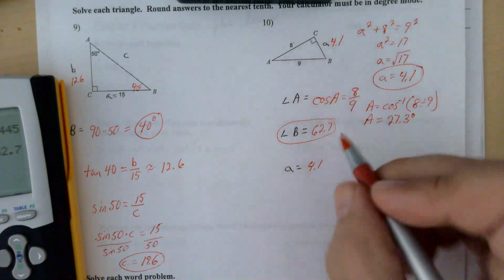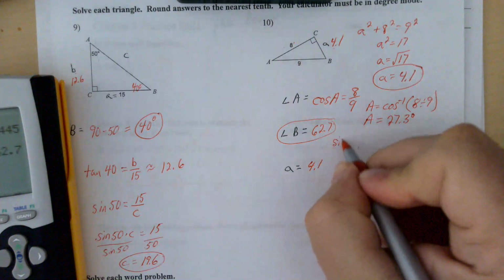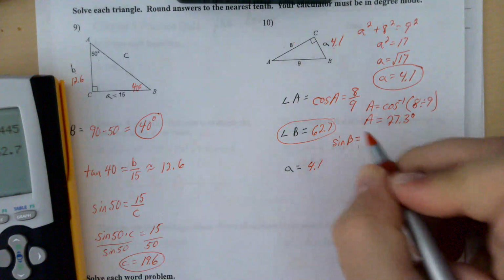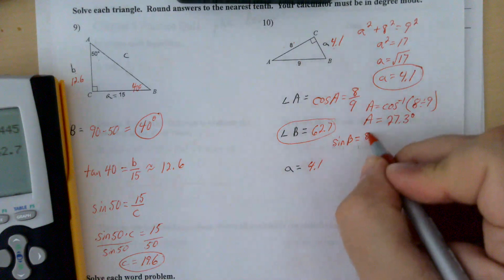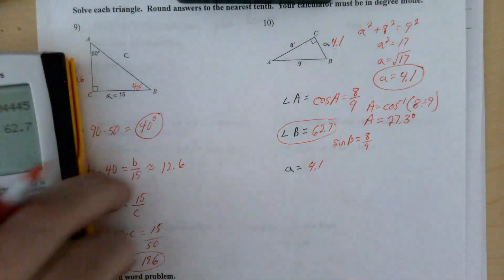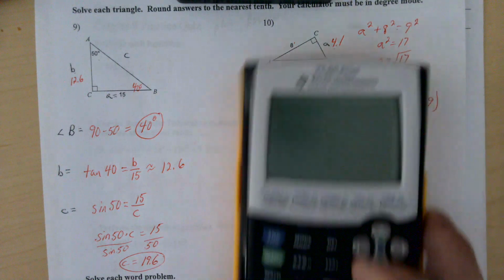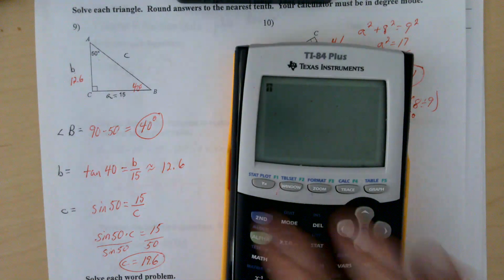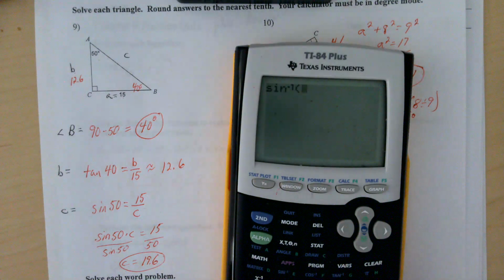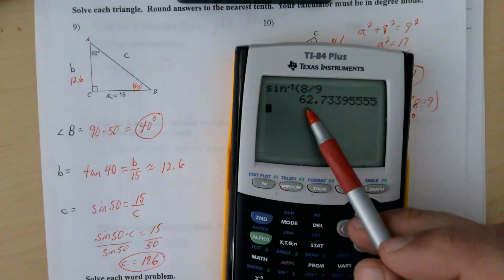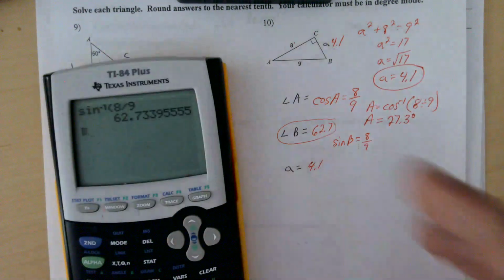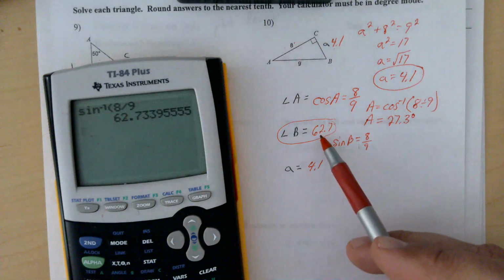So opposite of B, that's really the sine of B. The sine of B is really going to be 8 over 9. Now notice I'm going to get that same answer of 62.7 degrees when I hit second sine. So second sine, and I'm going to type in 8 over 9. It's going to tell me 62.7. That's what I already had.